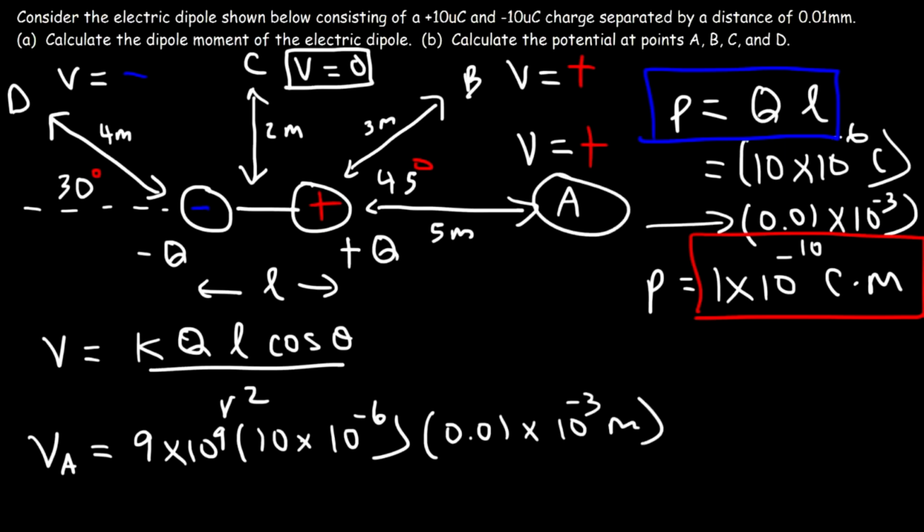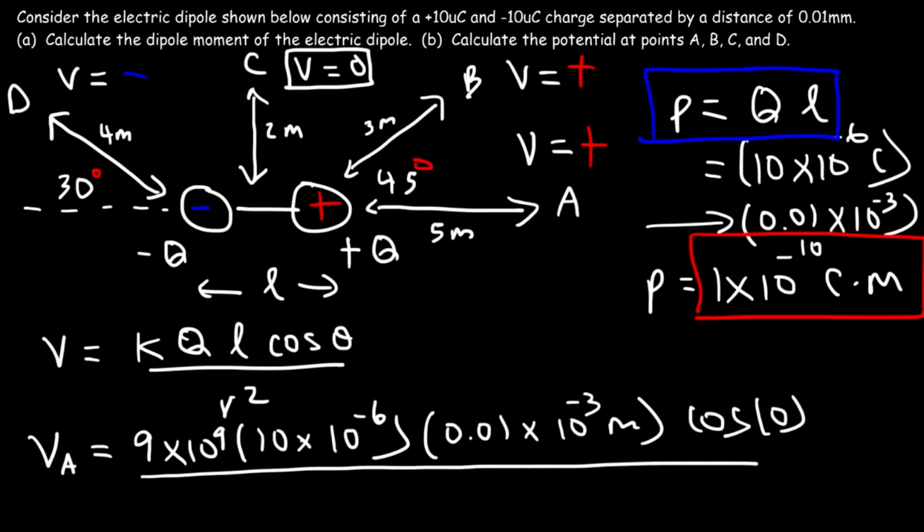Now, at point A, relative to the center of this dipole, point A is at an angle of 0. B is at 45, C is at 90, D is at 180 minus 30 or 150. So the angle for point A, it's on the positive x-axis, so it's 0. This is going to be cosine of 0, then divided by r squared.